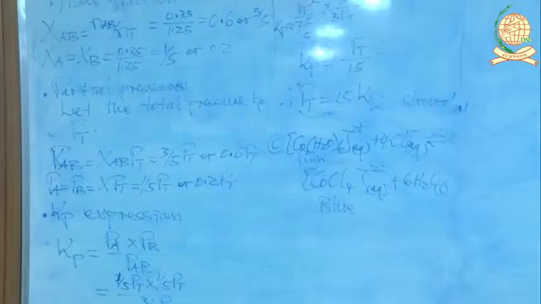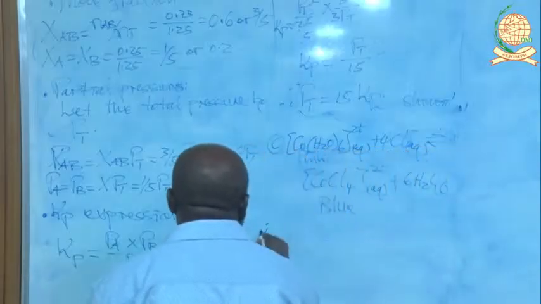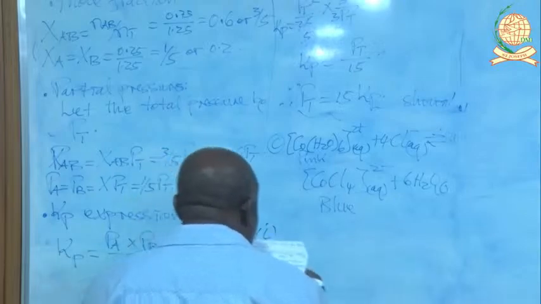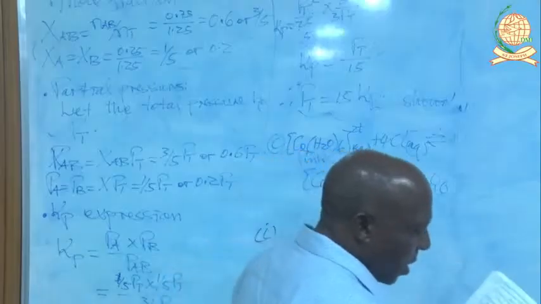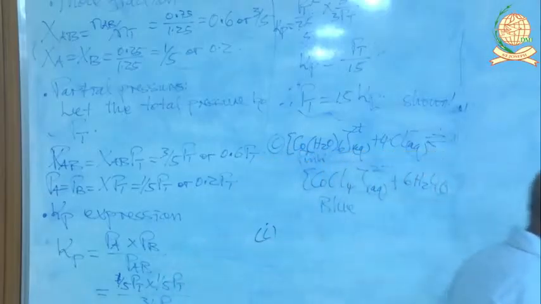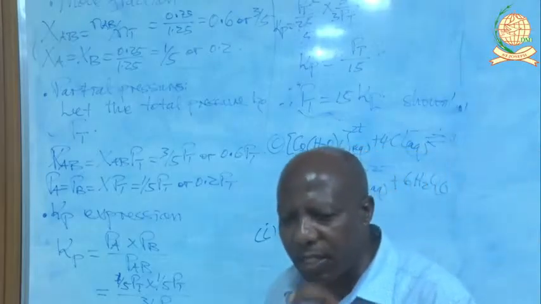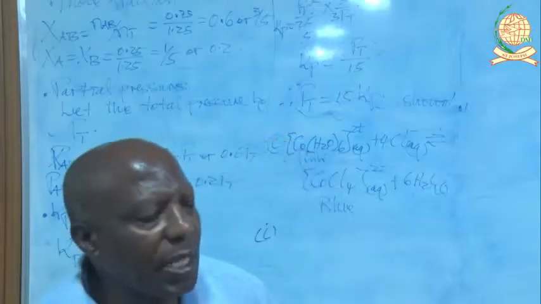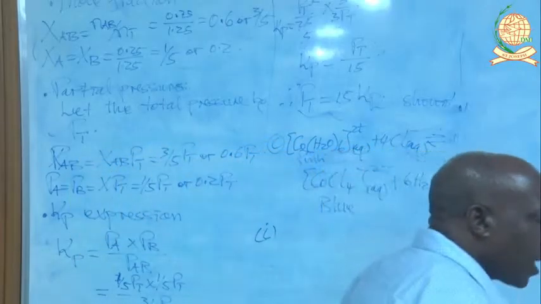Question Roman 1: does the reaction cease when the solution becomes blue? Remember I said this equilibrium system was formed by first dissolving cobalt(II) chloride crystals in water. Then the pink solution was formed.